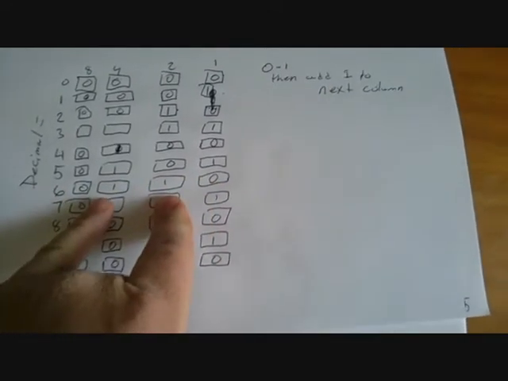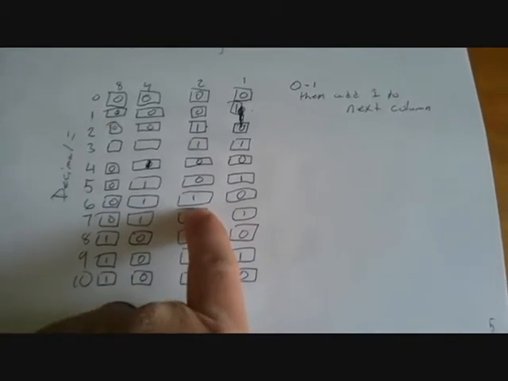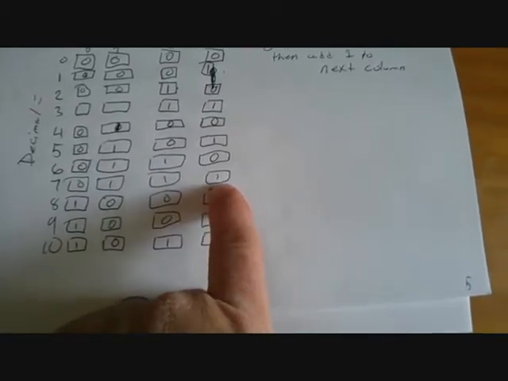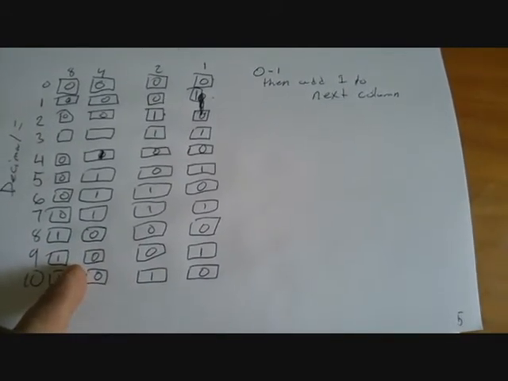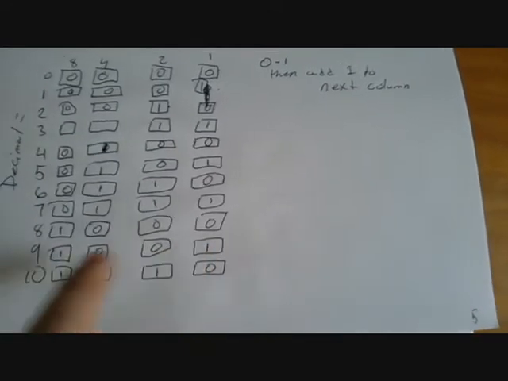To represent 6, we have a 1 in the fours column and a 1 in the twos column. To add 1 more to that, we just add a 1 in the ones column. Then the eights column to make 8, and then the ones column and the eights column to make 9.